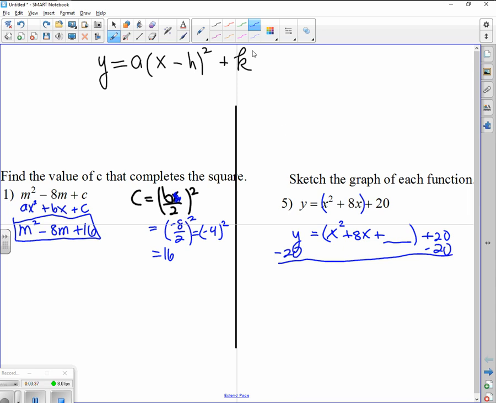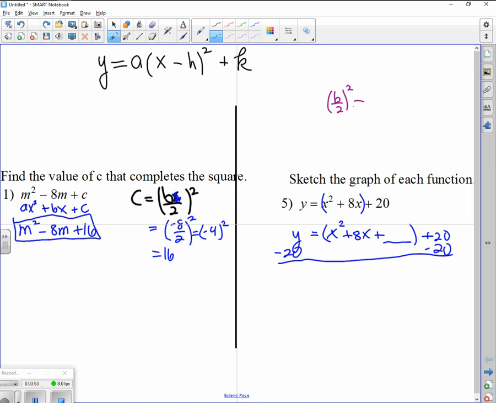The other thing I'm going to do is find the number. The formula is b divided by 2, and whatever answer I get, I'm going to square that. Remember, this is the b value.